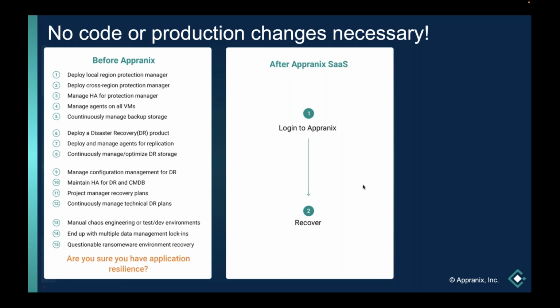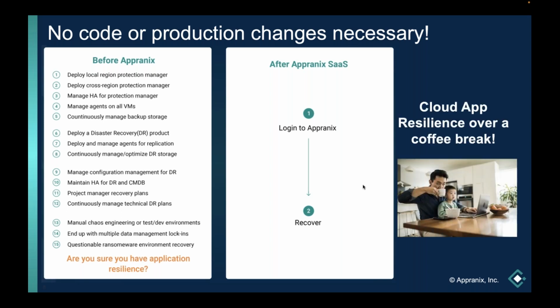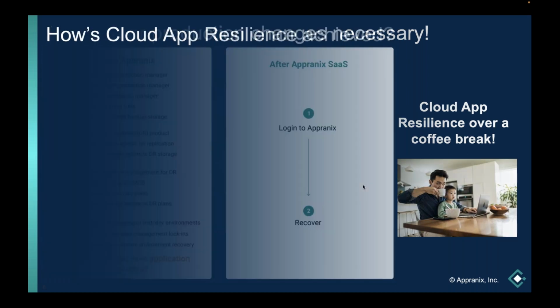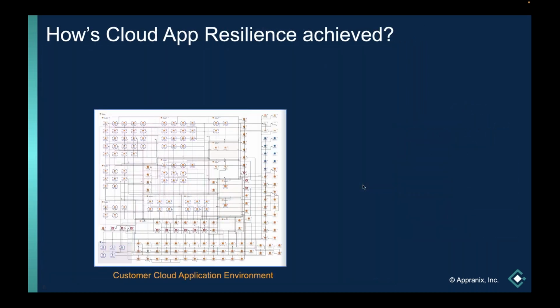Again, you're maintaining all of that. And then if you're bringing in some replication product for DR, you have to manage those things. So several things happen. And with Appranix, you don't have to have any of this, right? You simply log in, assuming that you have an account, you protect, you recover. That's simple, right? If that's the case, how do you really do that?